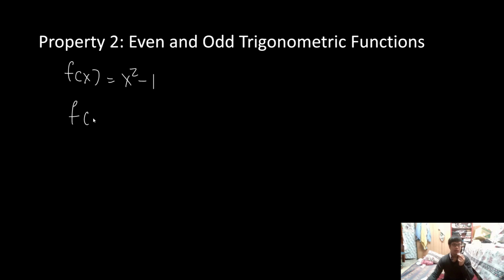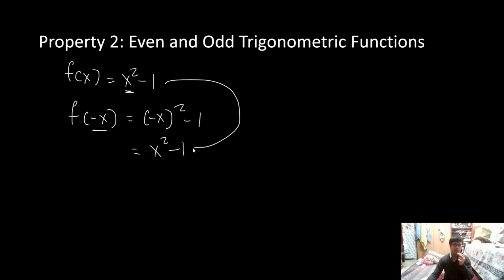Now, if I substitute negative x in this function, meaning I evaluate it at negative x, what will be the answer? I put negative x in here, so this becomes negative x squared minus 1. If you simplify this, you will have x squared minus 1.